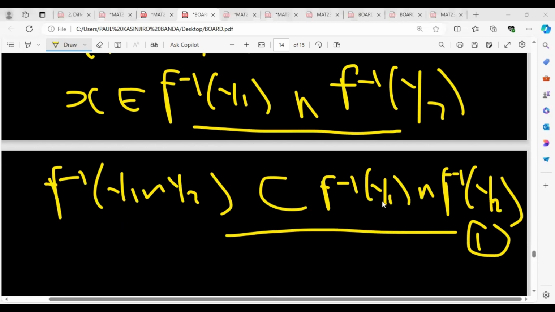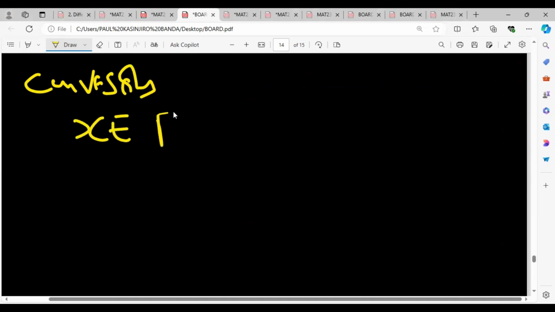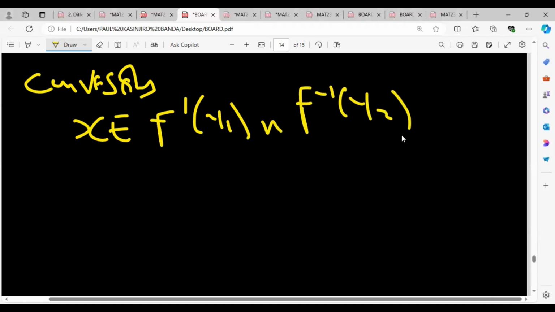So let's show the converse. Conversely, if my x is a member of the intersection of the inverse of Y1 and the inverse of Y2, then what does it mean? It means that x is a member of this and it's also a member of that, right?